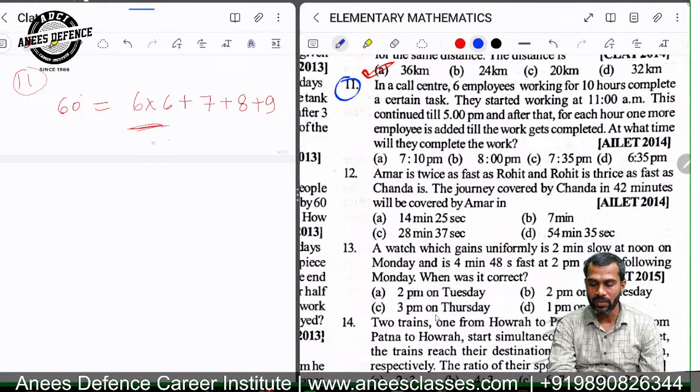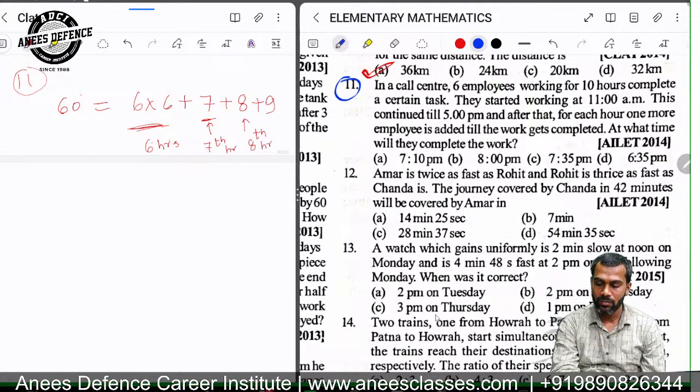This is 6 hours, this is the 7th hour, this is the 8th hour, and this is the 9th hour. Now 9 plus 8 is 17 plus 7, 24. Yes or no?